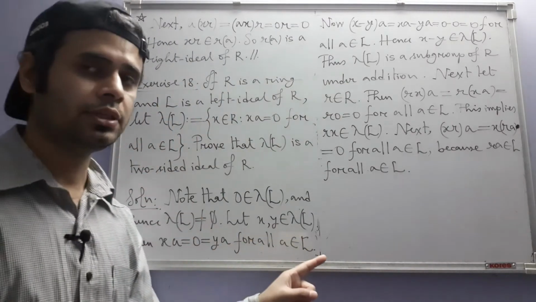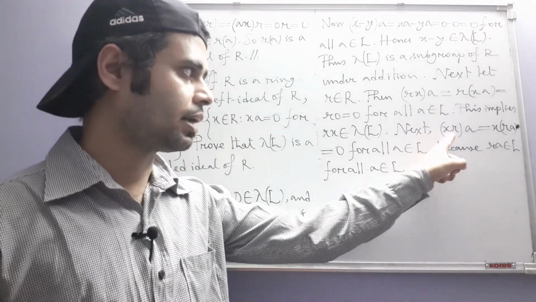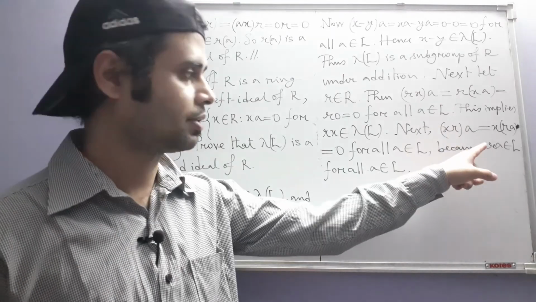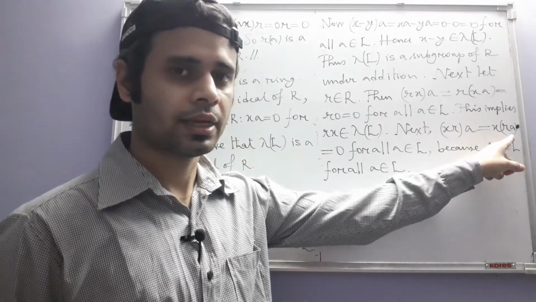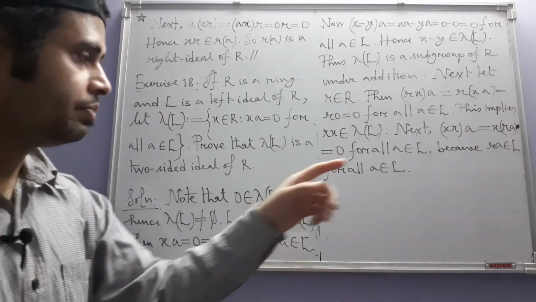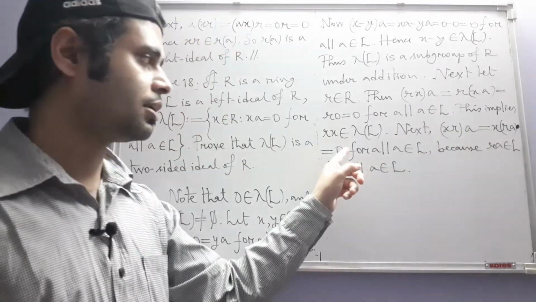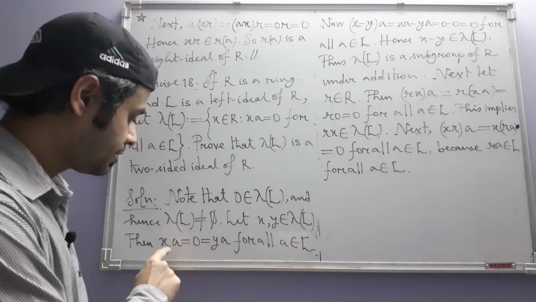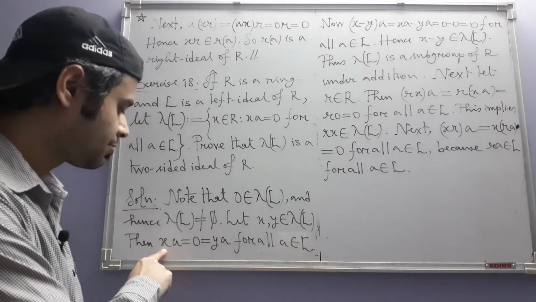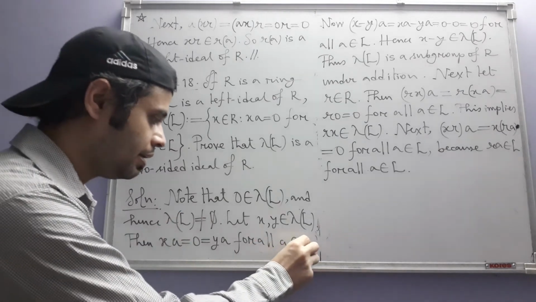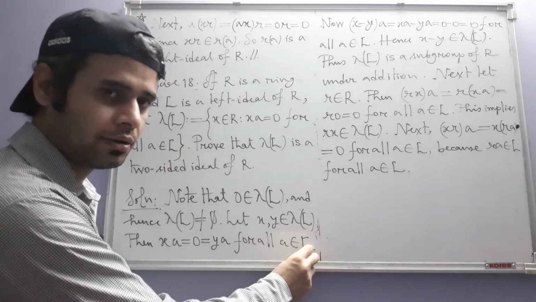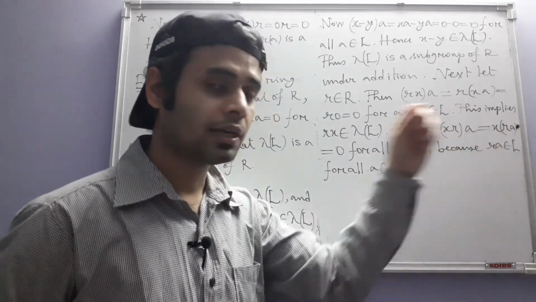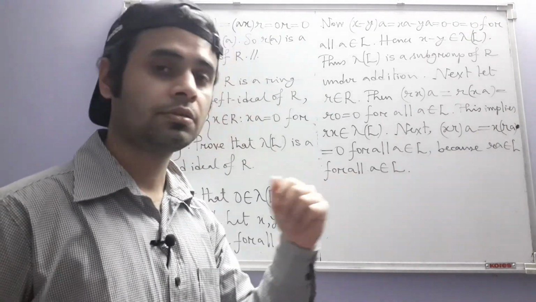Okay, what are we doing here? We have taken xr and we are multiplying A by xr from the left hand side. That can be written like this, x times ra. And we are saying that this is equal to 0 for all a belonging to L. What is the condition? The condition is that if I multiply x from the right side by any element of this left ideal, then I get 0. Ra itself is an element in the left ideal. Why?